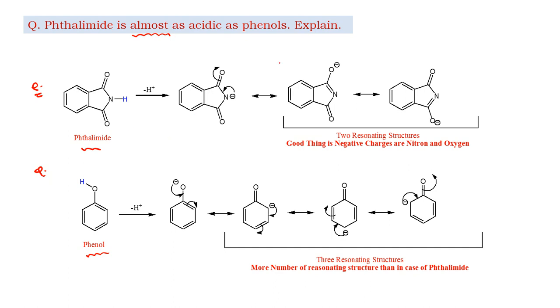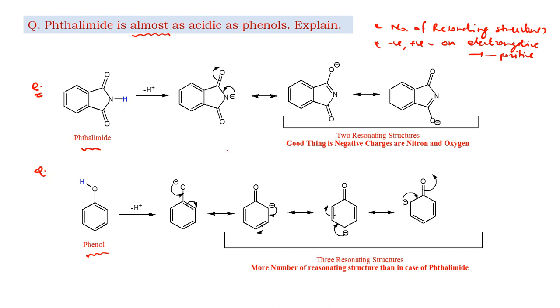One rule that we have seen is that if we have a greater number of resonating structures, that is important, and we give importance to the number of resonating structures. The second rule is that negative and positive charges on electronegative or electropositive atoms are of importance.